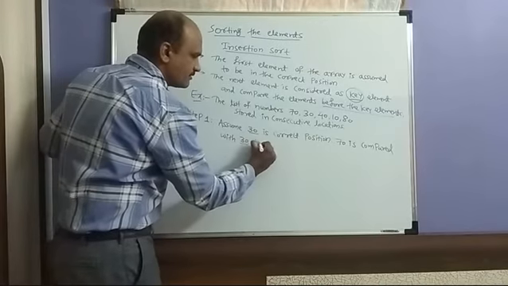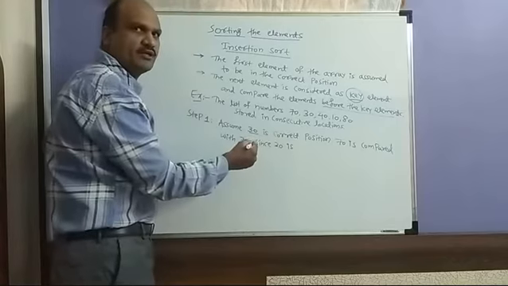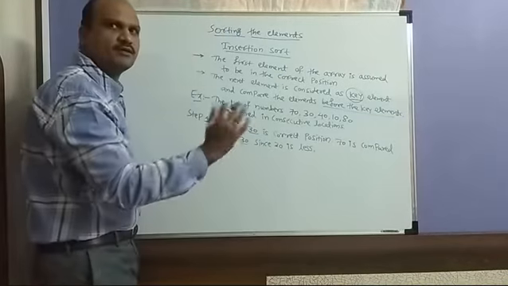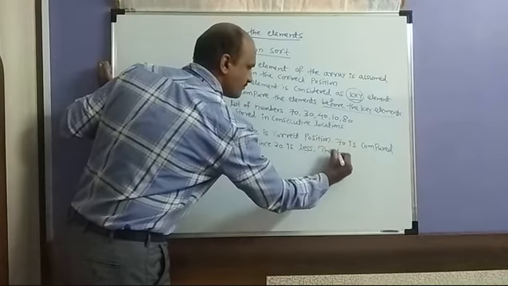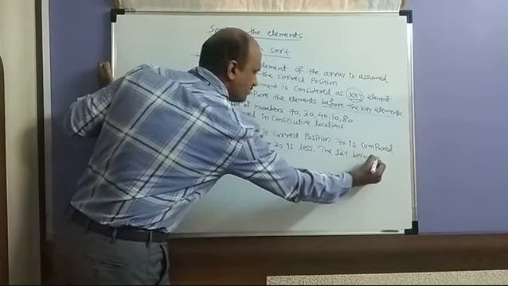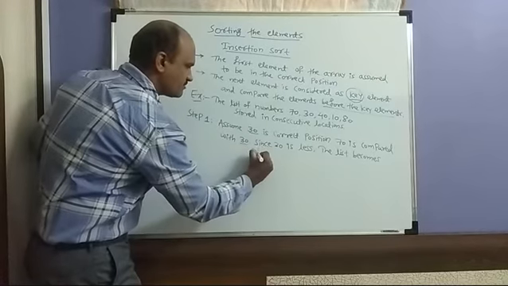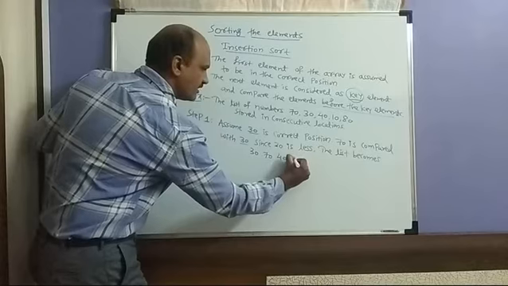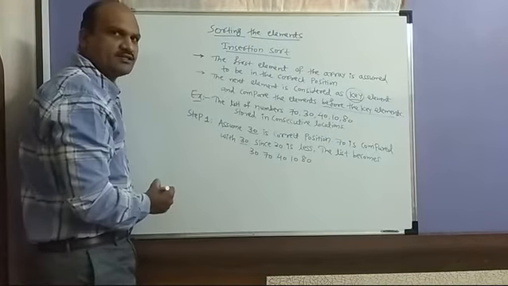Since 30 is less, it will be exchanged. Now the list becomes 30, 70, 40, 10 and 80 in step 1.